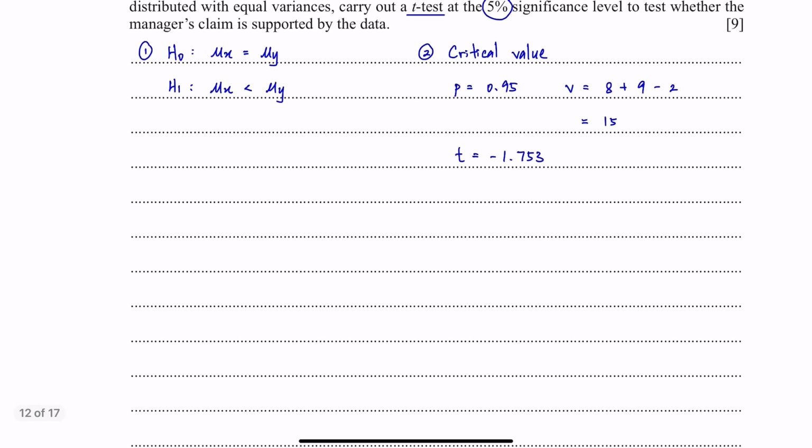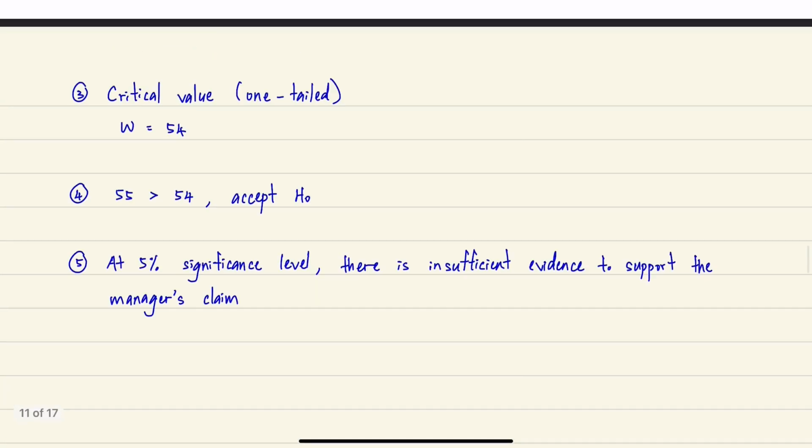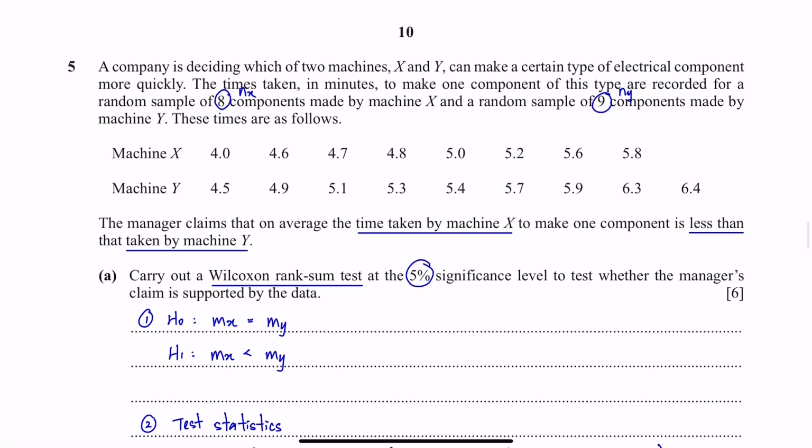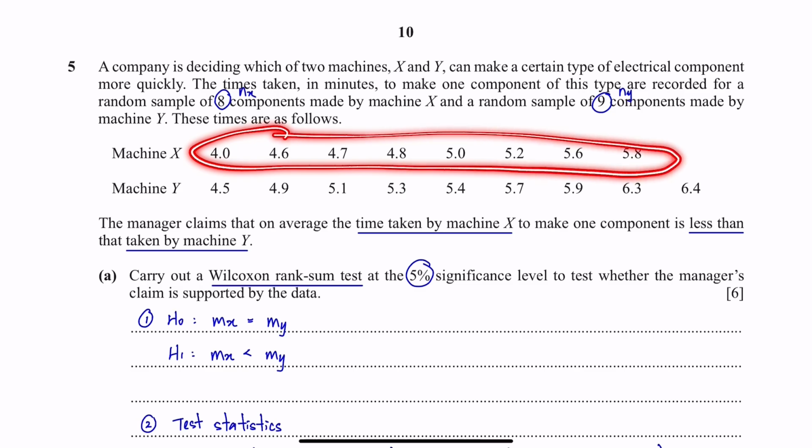So third step, we need to find the test statistics. So we would first need to find the sum of x, the sum of x squared, the sum of y, and the sum of y squared. So for sum of x, we just add all these data together.